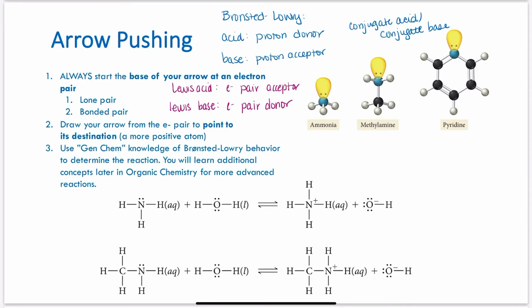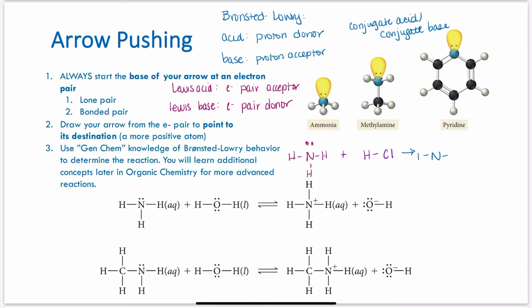So let's go back to some more simple reactions. Let's go back to ammonia. So we've got our NH3 and hydrochloric acid. If this was allowed to react, we would expect a full reaction to happen. It is a strong acid and weak base that's going to go to completion.